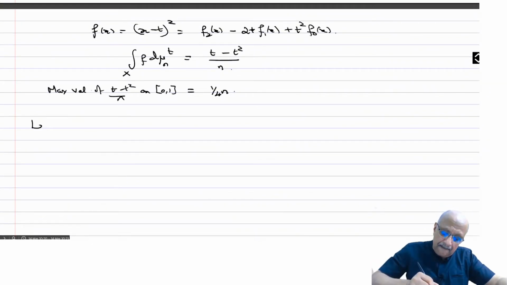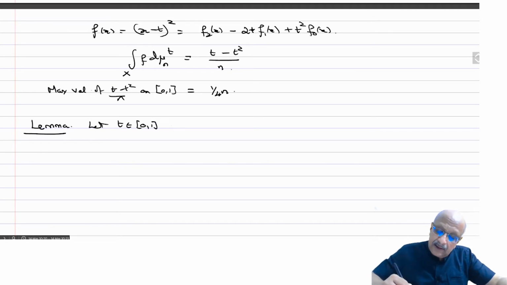So lemma: let t belong to 0, 1 and n in N fixed. Let epsilon be greater than 0.